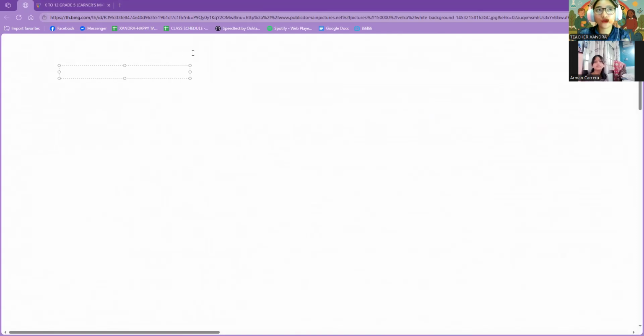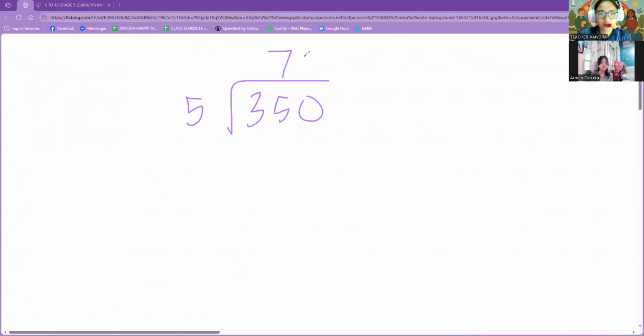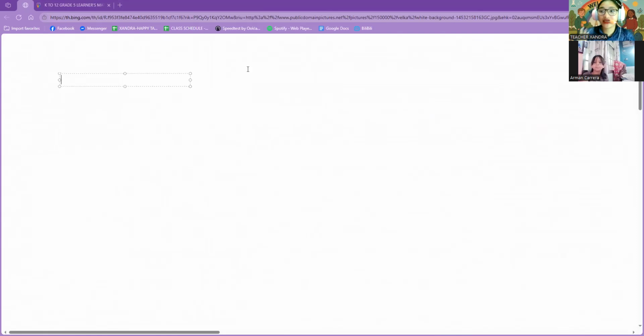So instead of using long division every time, just like this one, for example, 350 divided by 5, so that is 70, 35, 0, then 0. That is using long division. We can use these rules to make math easier. Since this is lesson 5, we will talk about 3, 6, and 9.